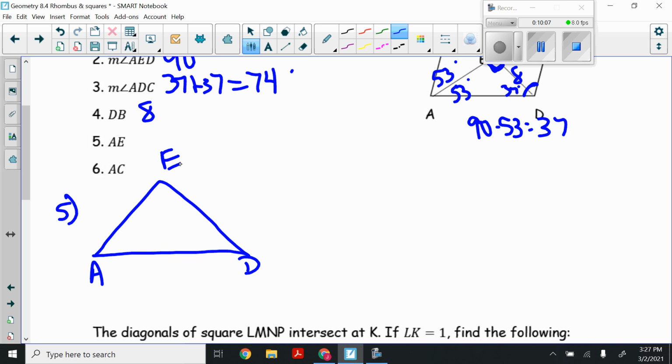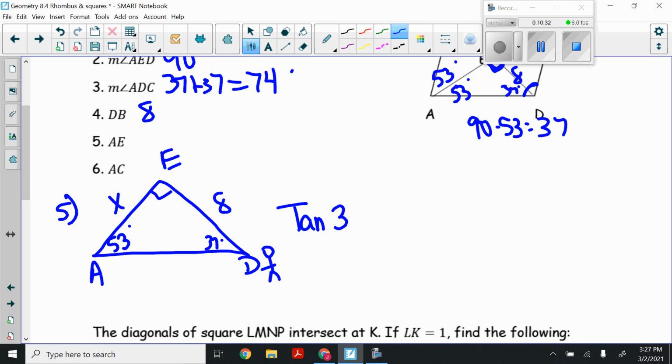I know this is my right angle. I know that DE is 8. I know that this angle is 53. And I know that this angle is 37. And I'm looking for AE, x. I'm just going to stand here at this angle. I have opposite and adjacent, that's tangent. So we're using SOHCAHTOA because I have a right angle.